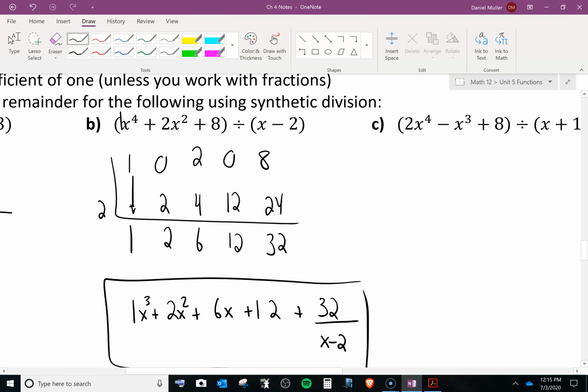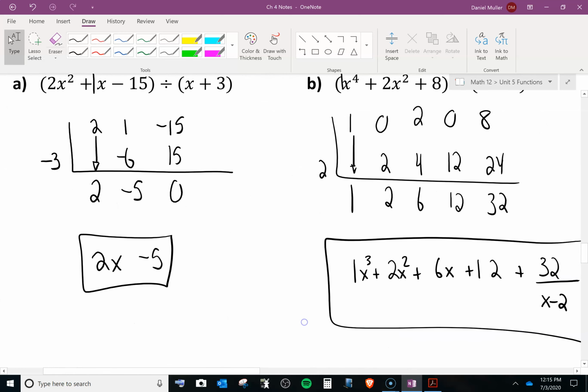And it always goes in descending order till there's no x's and then a remainder. Now for this one right here, we had these numbers, so it would have been x squared, no x, and then no remainder. 0 divided by anything is just 0, so we don't even bother writing it. So that's how that ended up with no remainder.